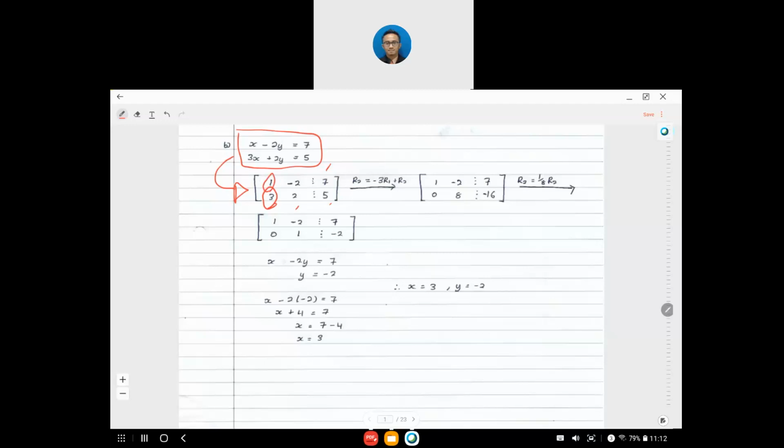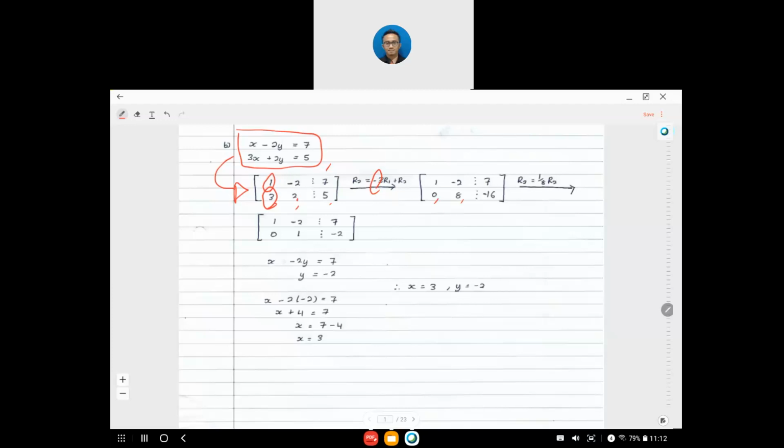So in order to get 0, the first row must be multiplied by -3, because we know that -3 times 1 plus 3 gives 0. And then the second one, -3 times -2 is 6, and 6 plus 2 equals 8.